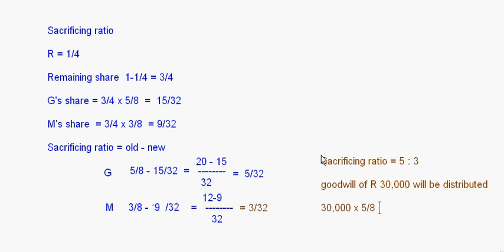So that comes to 18,750, and 30,000 into 3 upon 8 for the other partner, that will be 11,250, right? So now you just have to pass the journal entries.